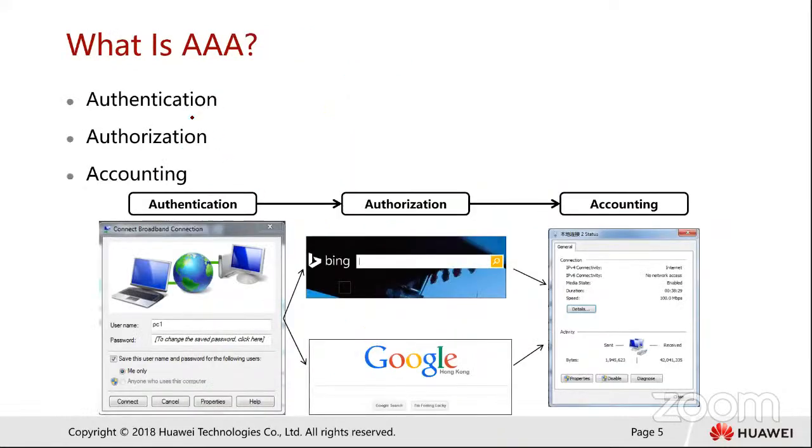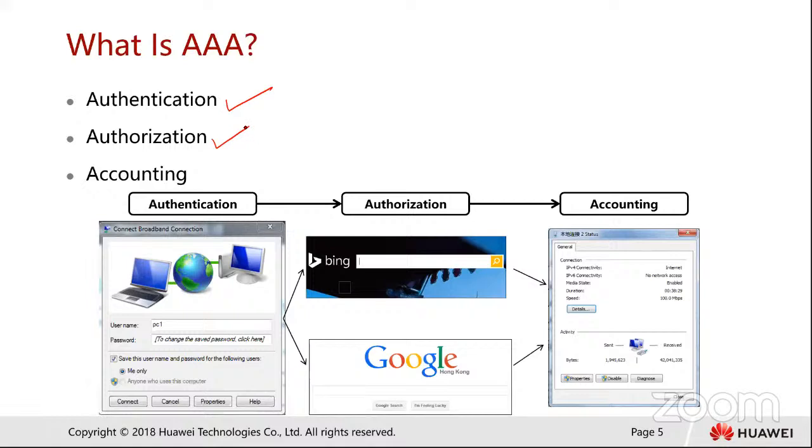So what is AAA? AAA stands for authentication, authorization, and accounting. We want to make sure that whoever is accessing is a real user. They know their details and they're authenticated to access. Do they have the permissions to access whatever they are accessing?